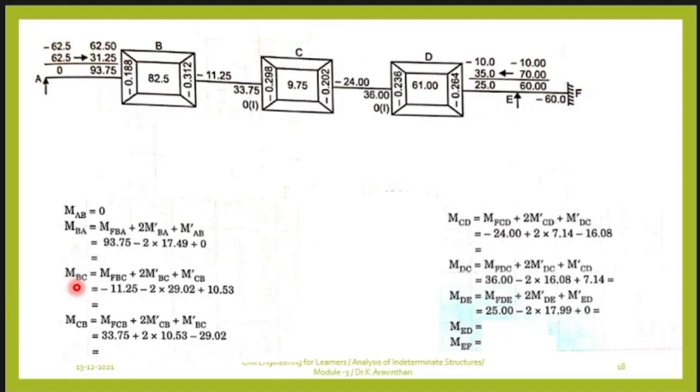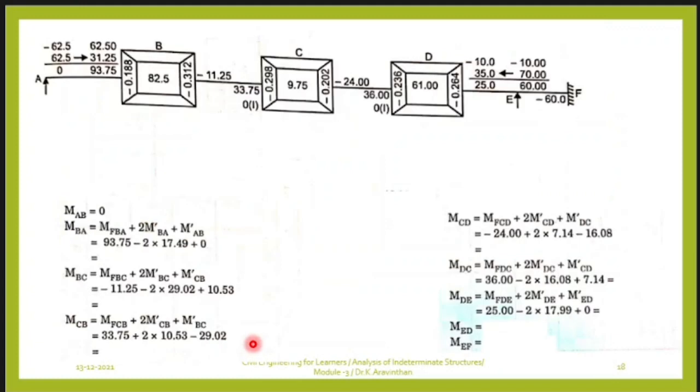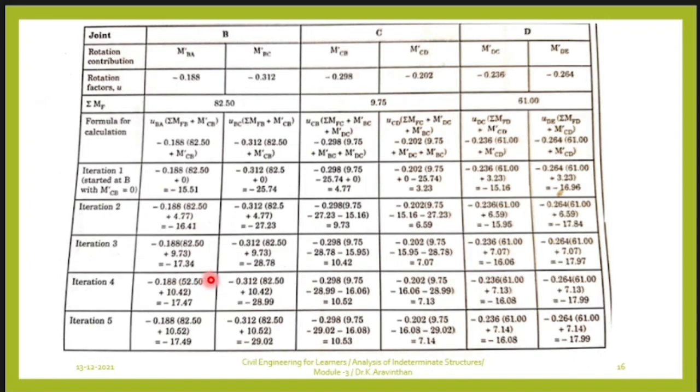And for the span B to C, you got the fixed end moment of minus 11.25 minus 2 into 29.02. Where did you get this? That is M dash BC. You got 29.02 here. You can take that, and M dash CB is 10.53.